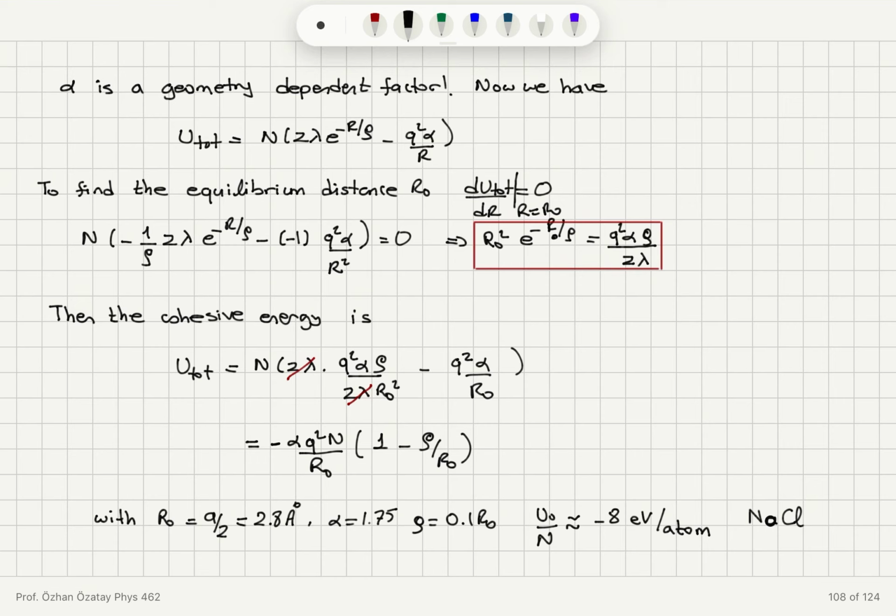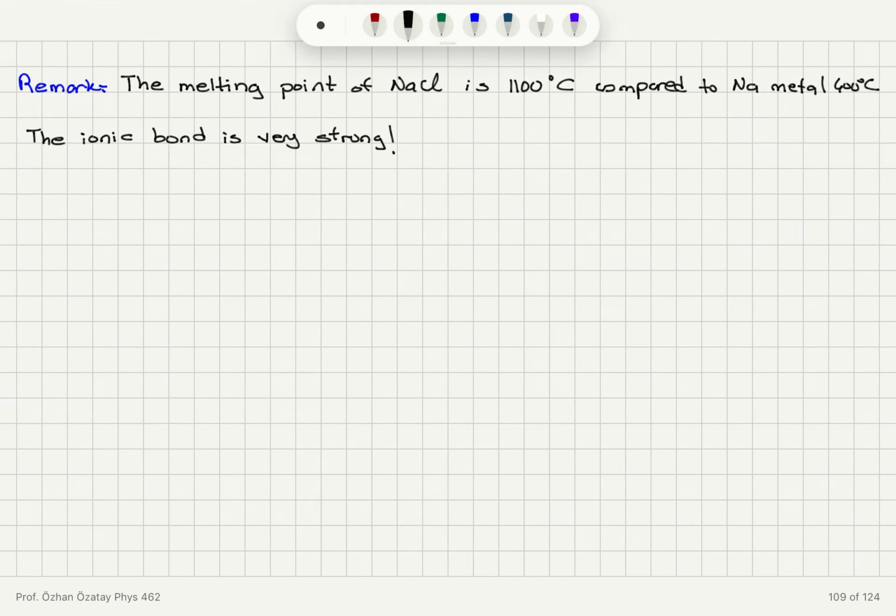The energy of the crystal in the equilibrium position is the cohesive energy. So that's what we obtain here, and if you substitute the numbers for sodium chloride, we obtain minus 8 electron volts per atom.